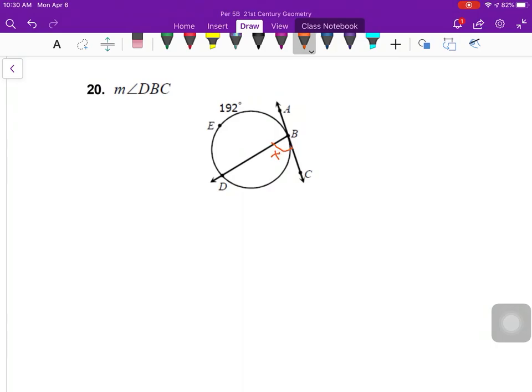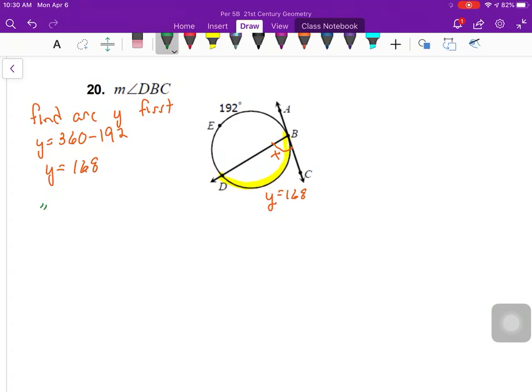Number 20, just a couple more problems to go through. We're looking for angle DBC. Well, DBC is actually this angle over here. But I think we need to find the arc that's associated with it. So we need to find arc y first. And we'll do that by taking a full circle and subtracting the 192. 360 minus 192, I get 168.